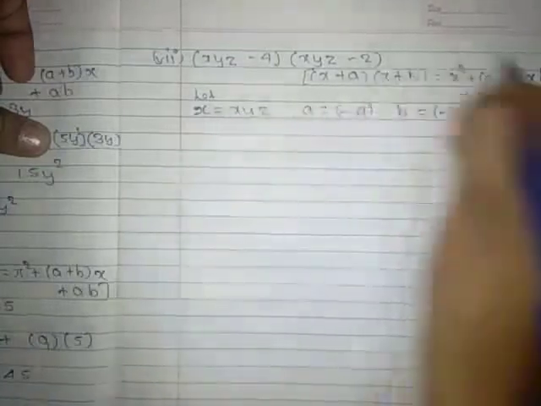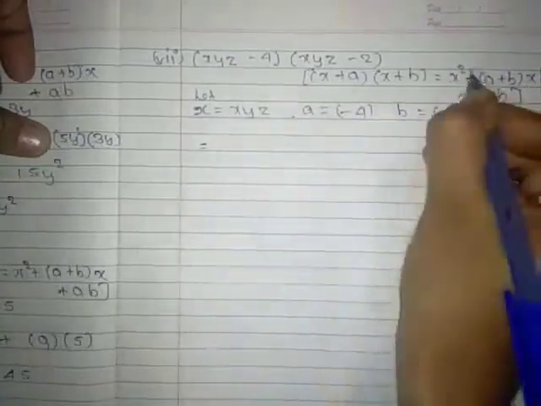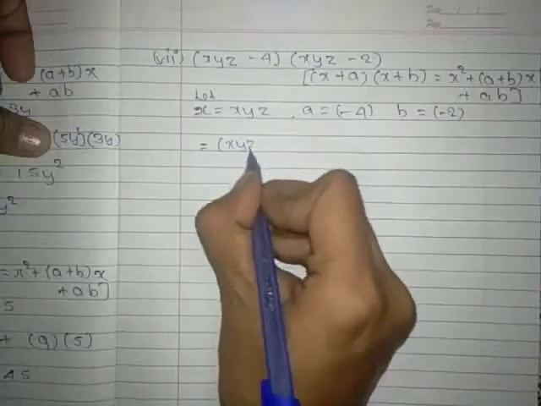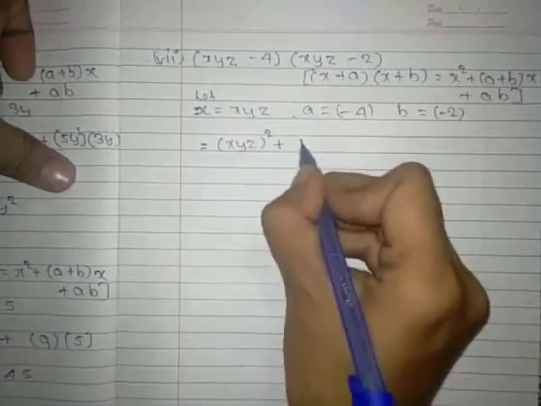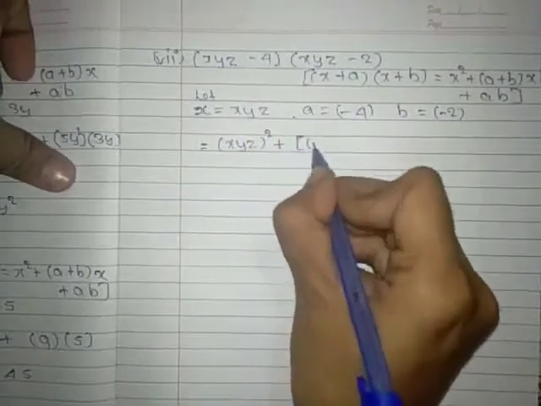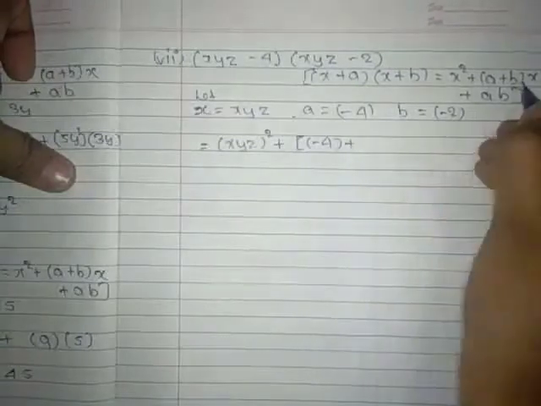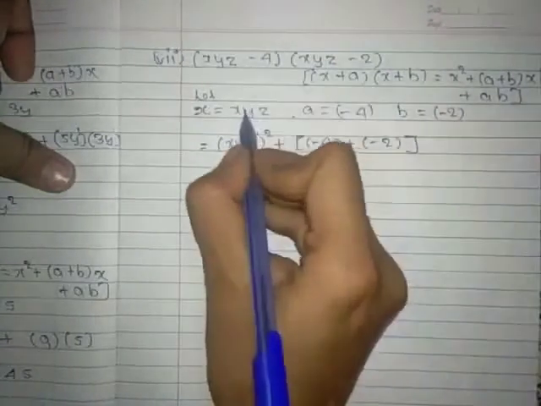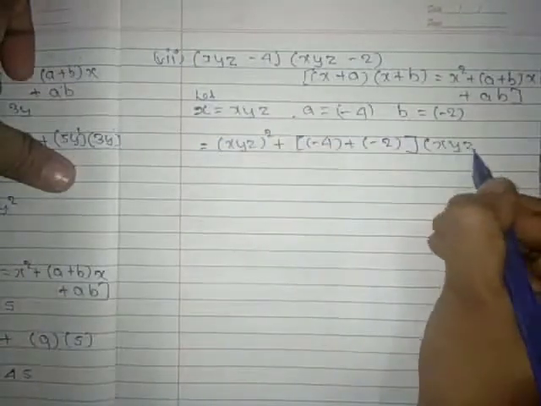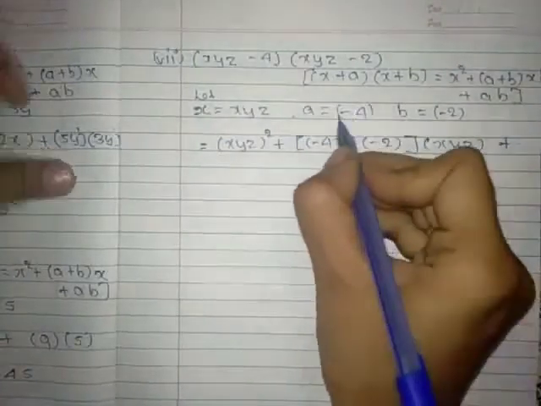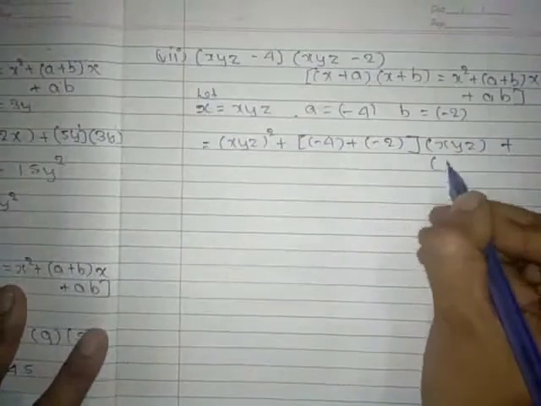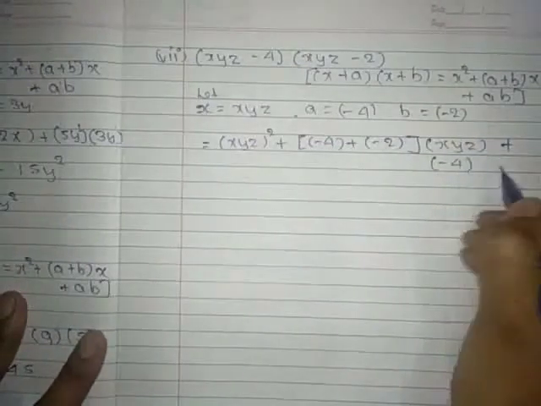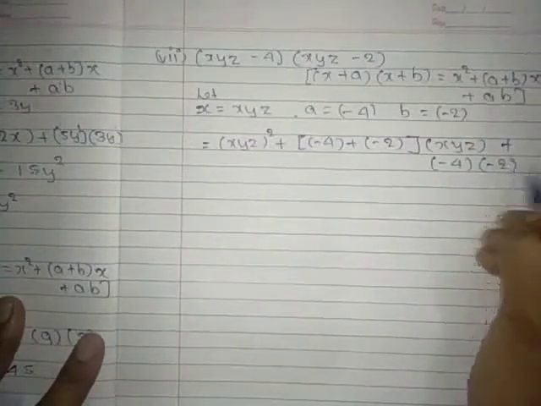So putting all this into the formula, that is x², (xyz)², plus (a + b). What is a here? Minus 4, plus, what is b here? Minus 2, multiplied by x. What is x here? xyz, plus ab is multiplied, that is my a here is minus 4 multiplied by minus 2.